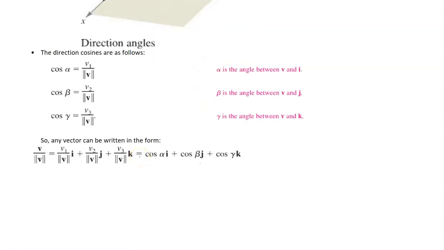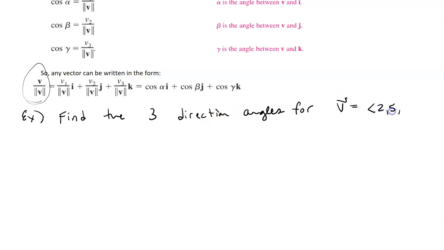So now we can write any vector in the form cosine alpha i plus cosine beta j plus cosine gamma k. And notice that this is a unit vector in the direction of v, so this is going to give you a magnitude of 1 if you were to work that out. So if I wanted to do an example where it says, for example, find the three direction angles for v, which is 2, 5, and 7, the cosine of alpha is v1 over the magnitude of v.